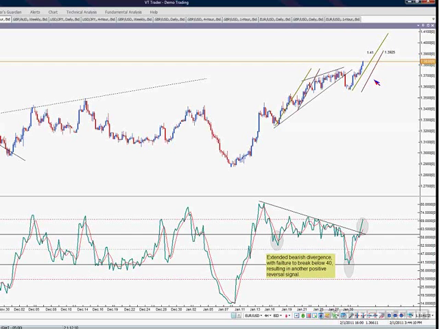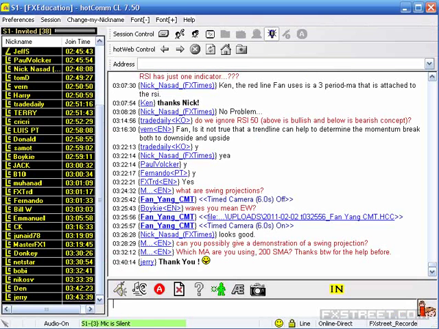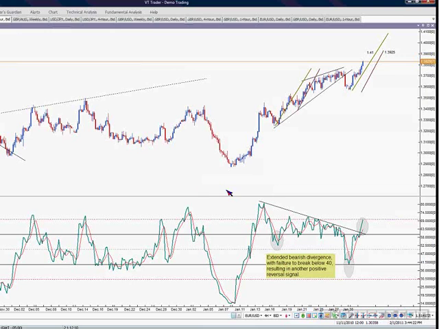Okay, so I'm going to look at some of these questions. One interesting question is: is it not true that a trend line can help to determine the momentum break both to the downside and upside? The trend line will give you a break in price levels, but it's not a momentum break.